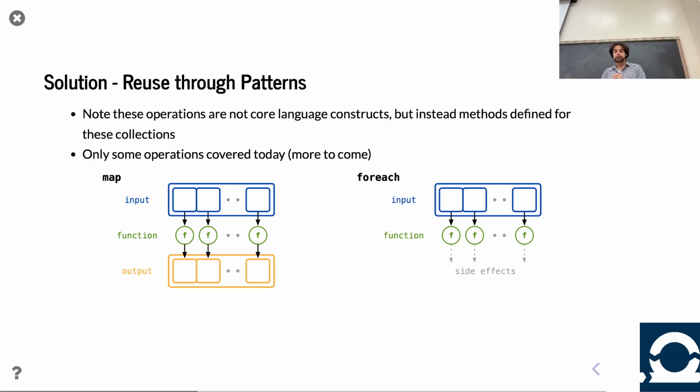And if you're thinking about this from a simplicity point of view, you're probably thinking to yourself, wait a second. If they both apply a function to each element, and sometimes I want the output, sometimes I don't want the output, wouldn't map be in some ways more general? Because if I want the output, I have it. If I don't care about the output, I can just not look at it, and I can still apply the function, and that function could have a side effect.